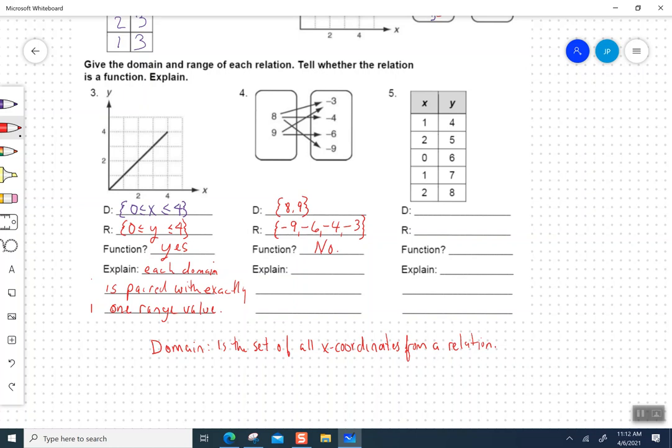And for a good answer, you could say that both the domain values are paired with more than one range value. So both the 8 and the 9.